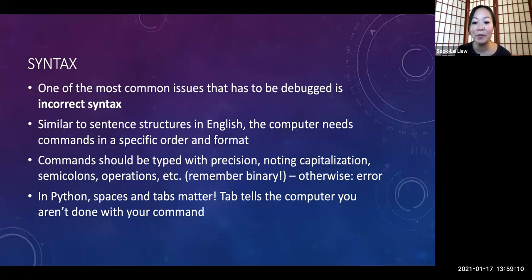It has to be put in precisely the way that it can be read. Otherwise, you will get errors. So in Python in particular, spaces and tabs matter quite a bit. Tabs especially will tell the computer if you're not done with your command, if it's a multi-line command. And that's something that we'll get to later. But even when you're writing these conditional statements, you need to make sure that there are no extra characters in your commands.